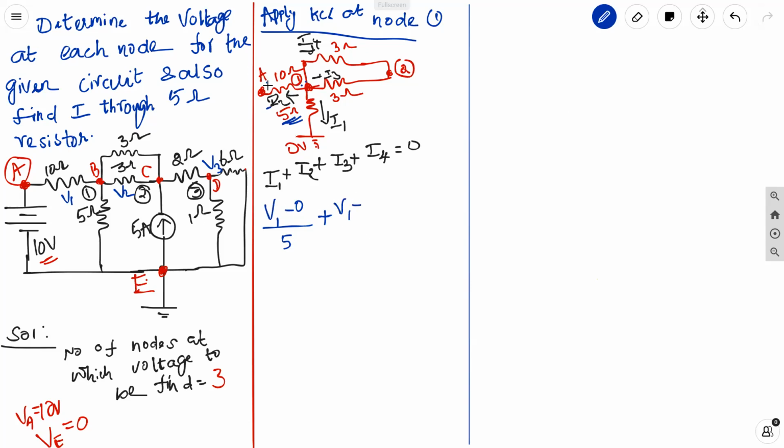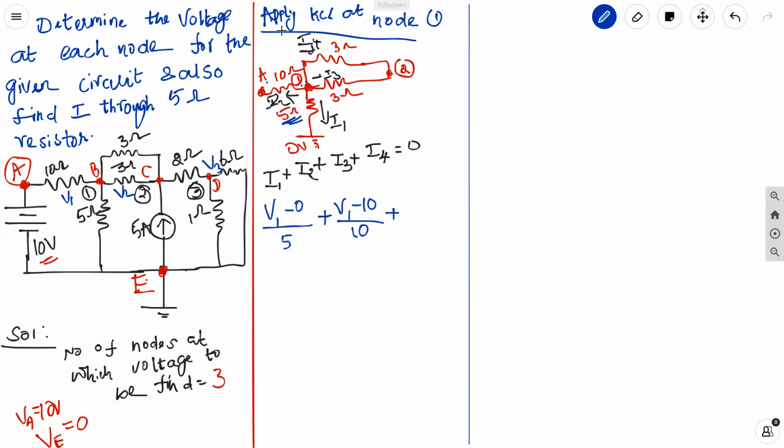What is node A voltage? 10, sir. Yes, as per the circuit, node A voltage is 10. So it is V1 minus 10 divided by the resistance 10.